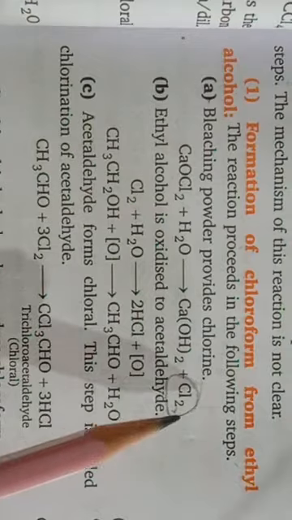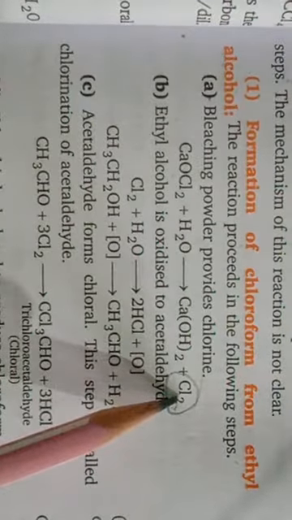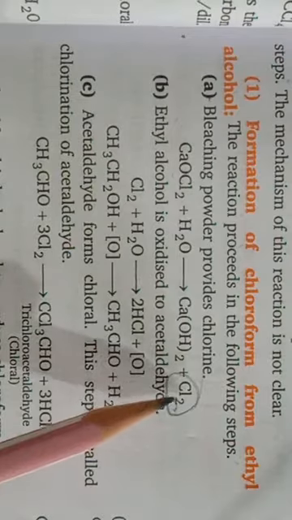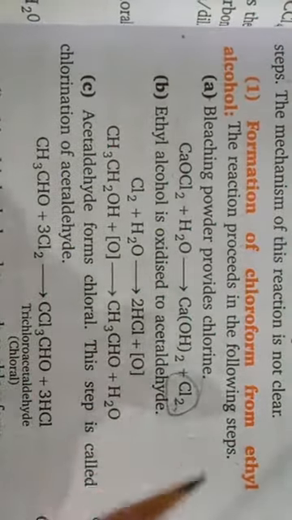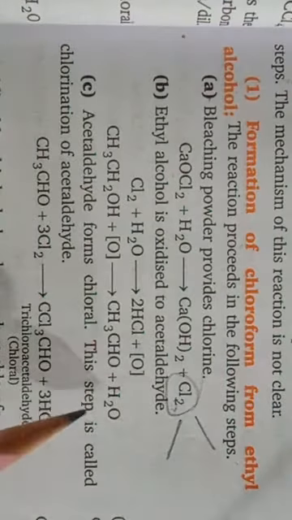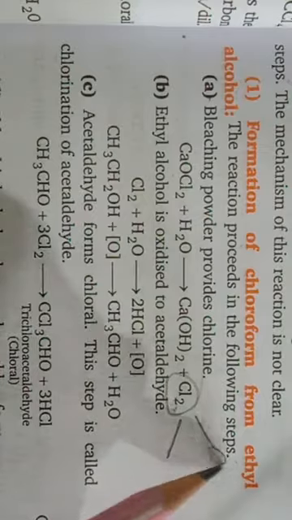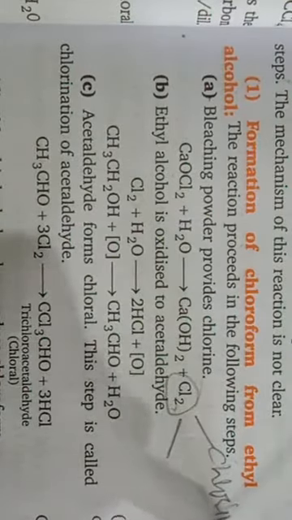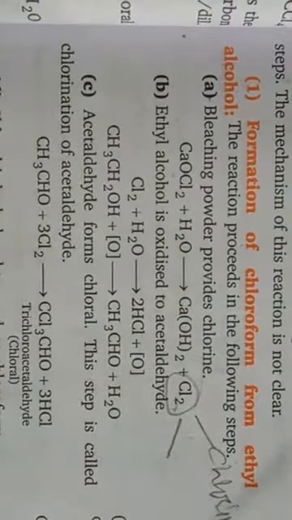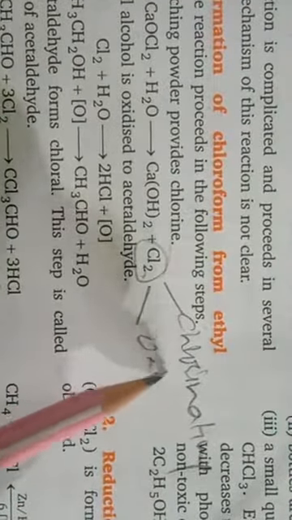Okay children, this chlorine which is formed here will react in two different ways with ethyl alcohol. This chlorine will behave as a chlorinating agent and also as an oxidizing agent.